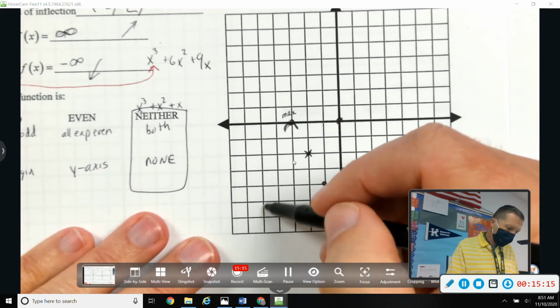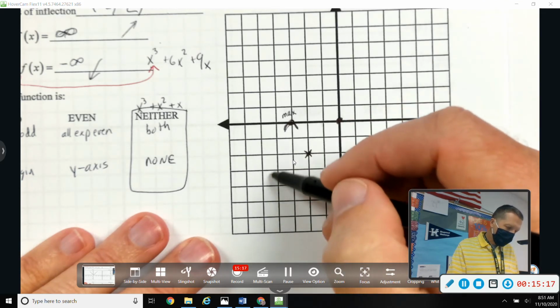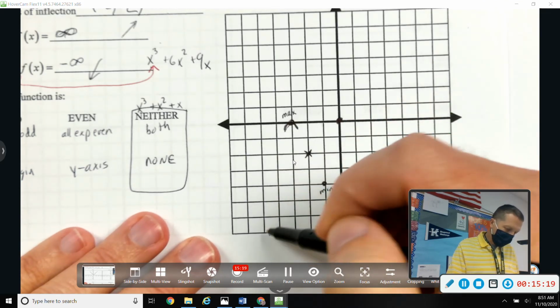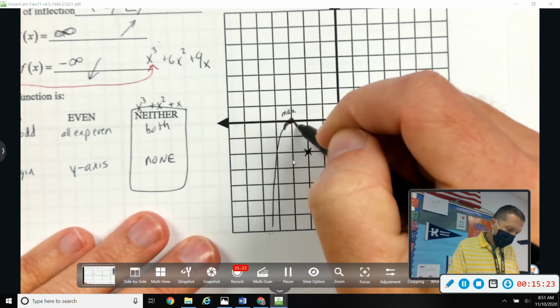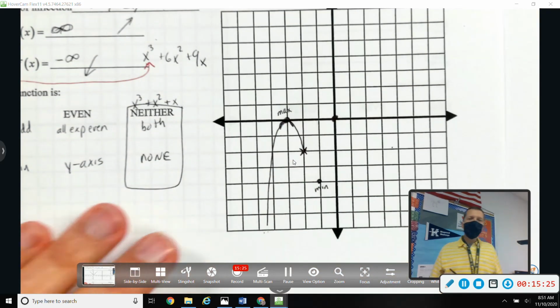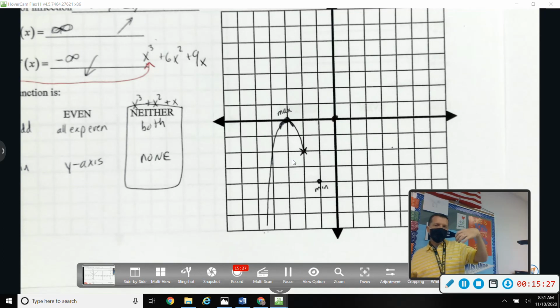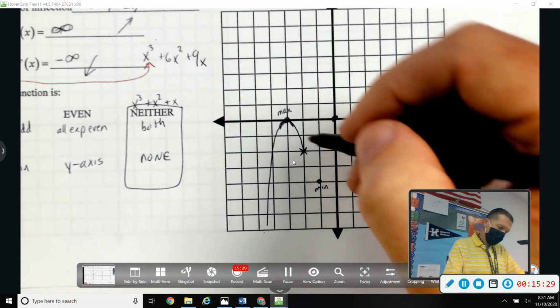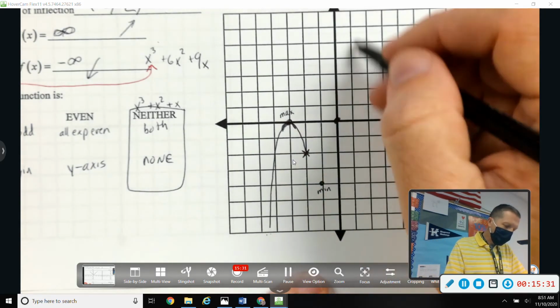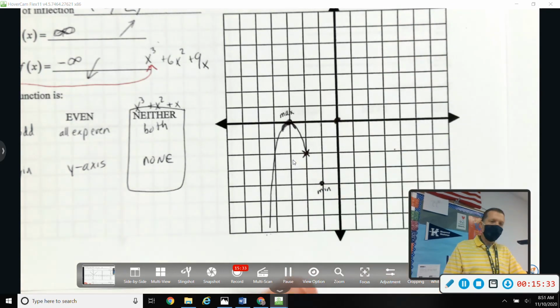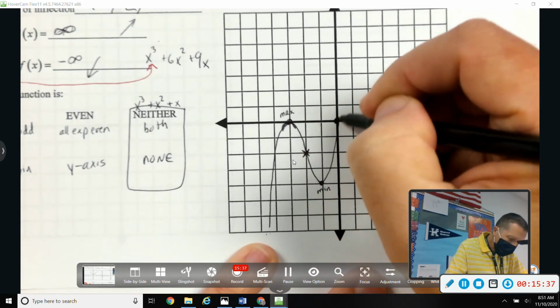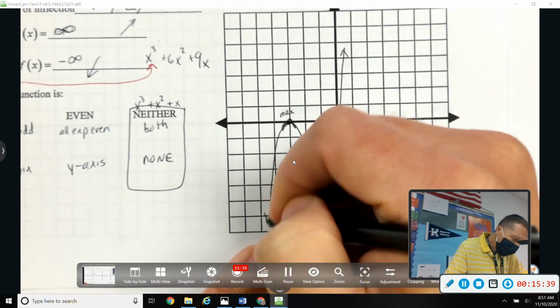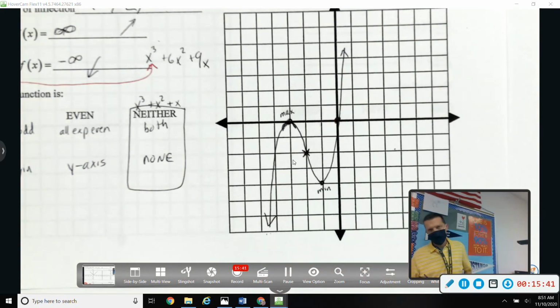All right, so we're increasing up to the max, but concave down. This is the next point. All concave down until we hit our point of inflection. After that, we're concave up, but that fits perfectly with the points we have. So there's our graph.